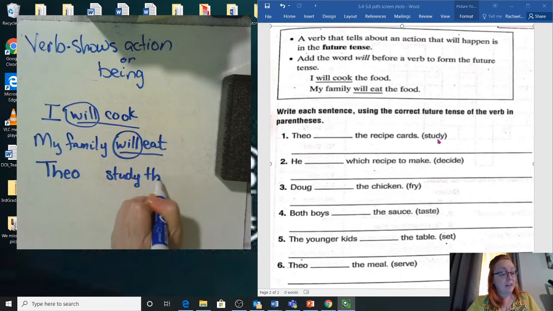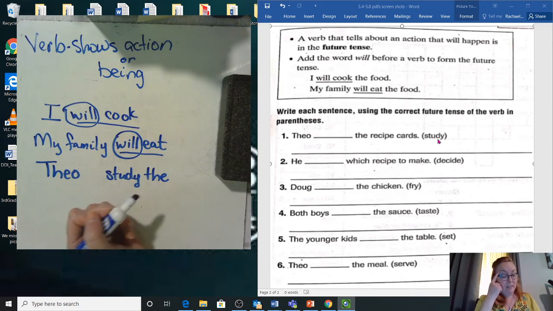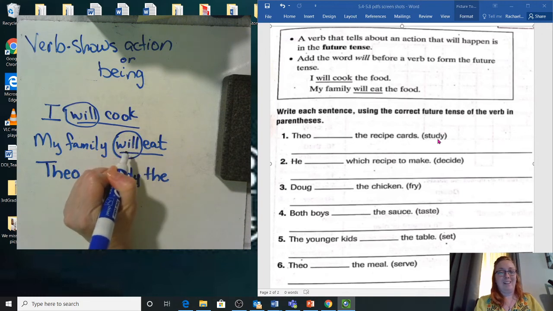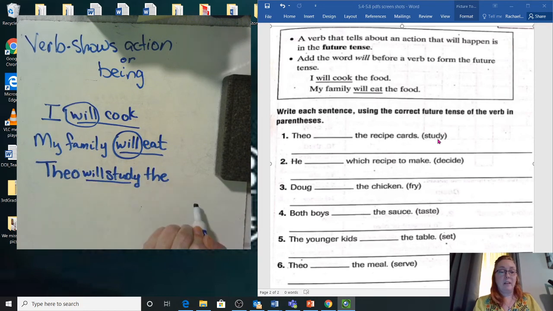Because if that is present, how do we make it future again? How do we do that? You add the word will. So let's pop that in there. Looky there. Theo will study the recipe cards.